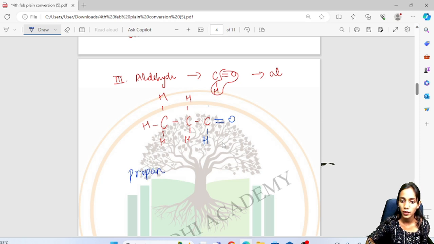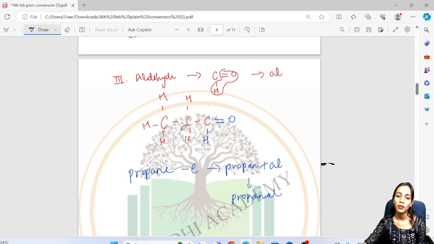The base name is propane, and then you have to remove the E. This will be propan, and then add AL. This will give you propanal. So the name of the compound is propanal.